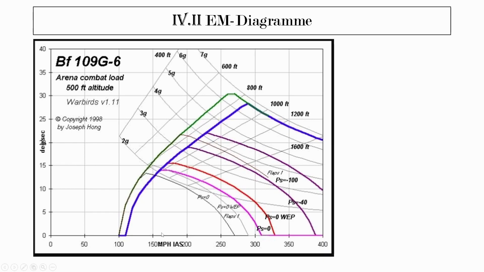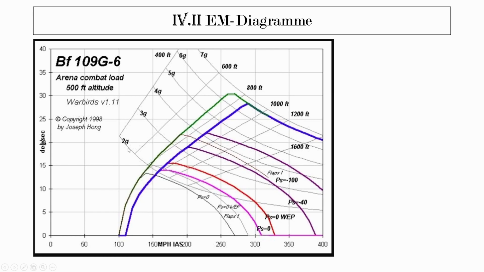Now, as you can see, if we increase our speed, not going higher in G load, so we stay around the 2G mark, okay, maybe go a bit higher, but stay around that area, you will see that your turn rate goes down.